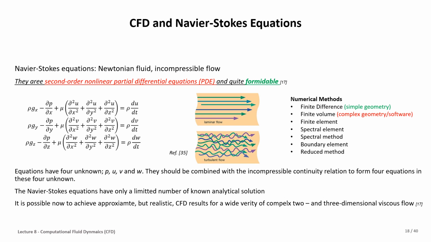We have finite element, one of the stock approaches, which is mathematically complex and started for solid objects. In the lecture on solid objects, we will talk in detail about finite element and its advantages and disadvantages. There are also the spectral element or spectral method, boundary element, and reduced methods, and all of them are used in CFD to solve the problem domain.